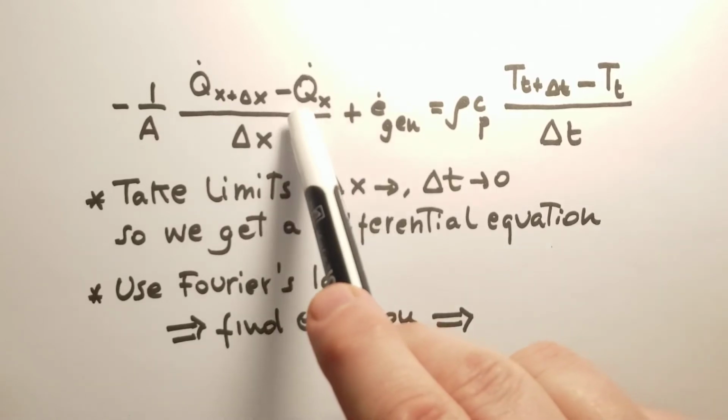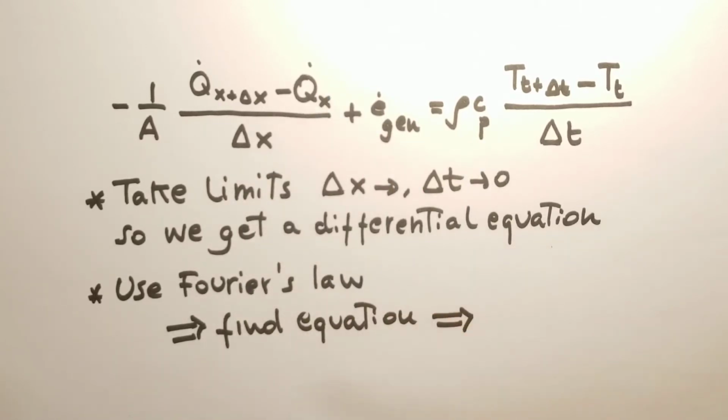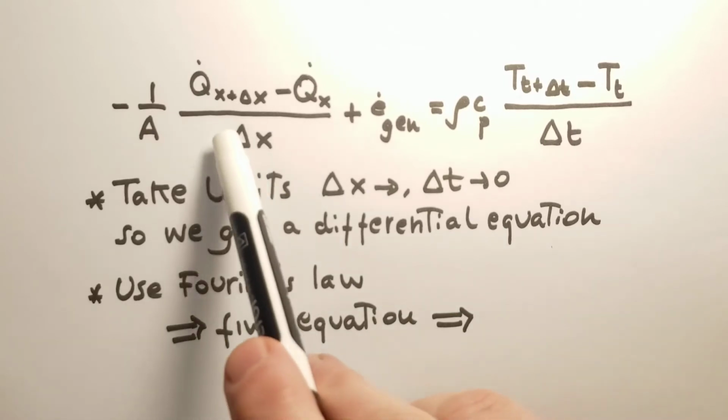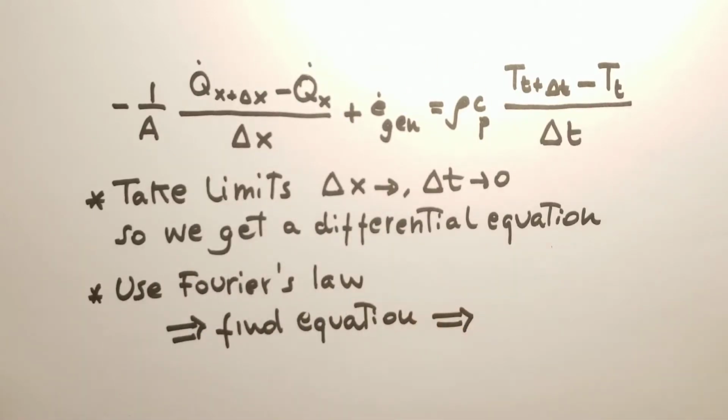We can also eliminate Q from this equation by using Fourier's law. So the unknown in the equation will be the temperature. So we find a differential equation that has this form.